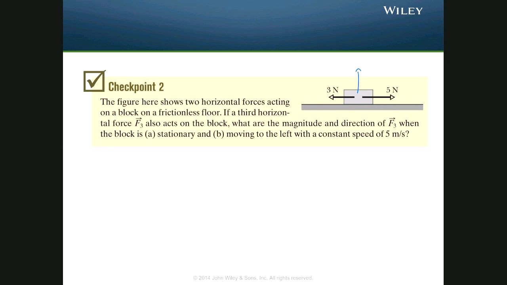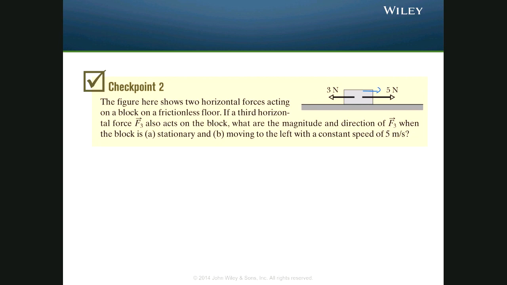So let's clear that one. We don't want that. In order to affect the horizontal acceleration, we only want to look at the horizontal acceleration. Now, if the block is stationary, would we add the force going to the left or the right? If we add it here on the right, that's just going to cause a net force to the right. So that's not going to work.